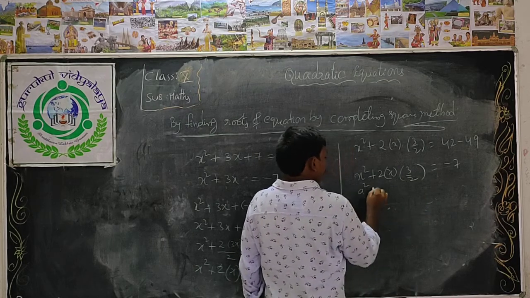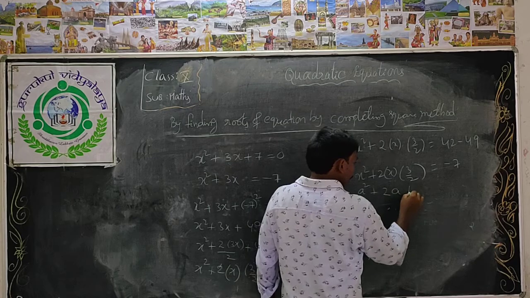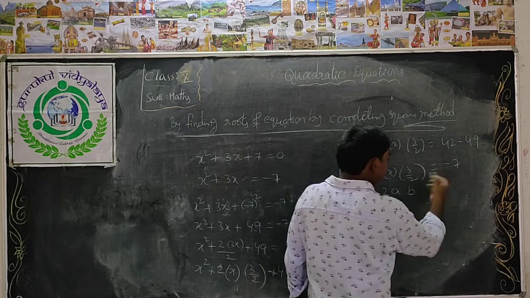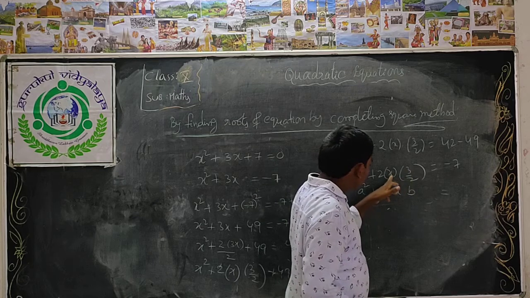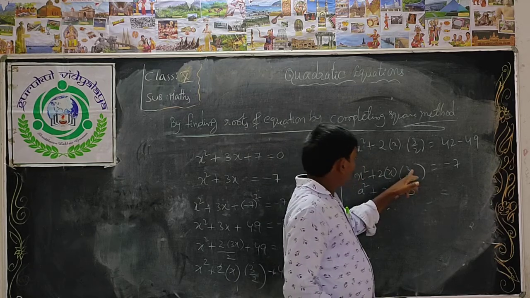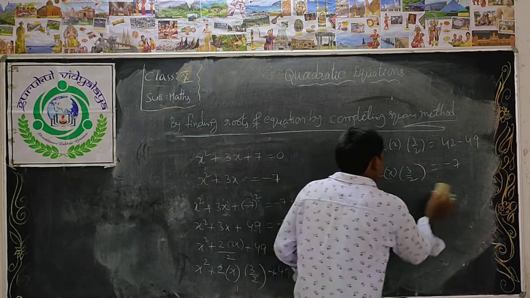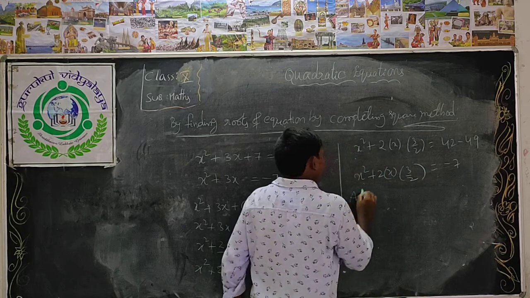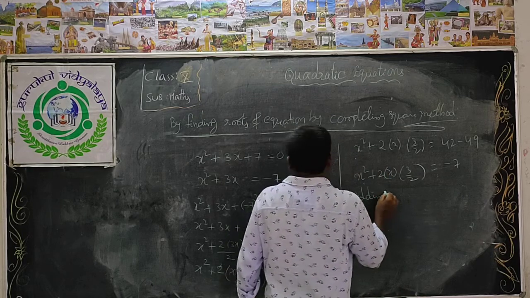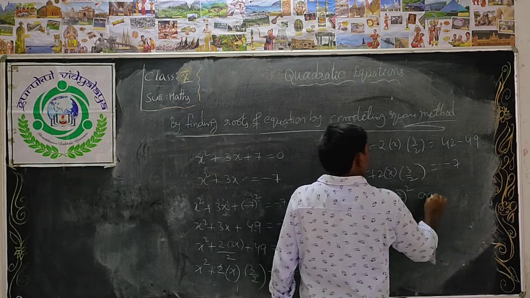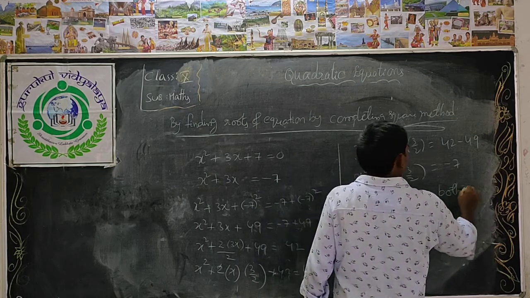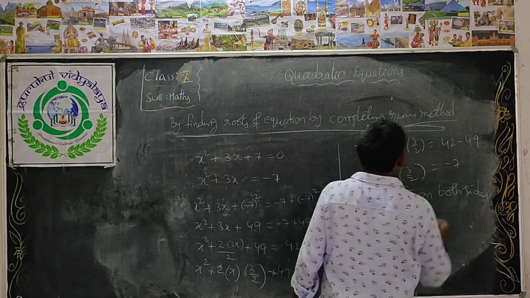A square plus 2ab. See children, b square is not there. So we can add, what is the b here? This is a, this is b. Add b square on both sides, means adding 3 by 2 whole square on both sides.